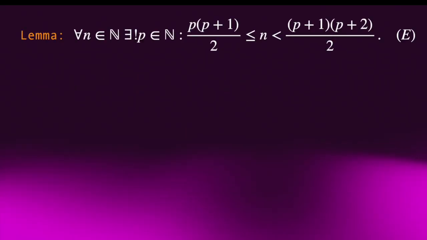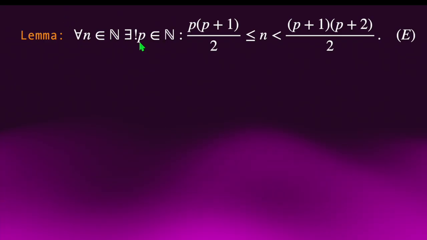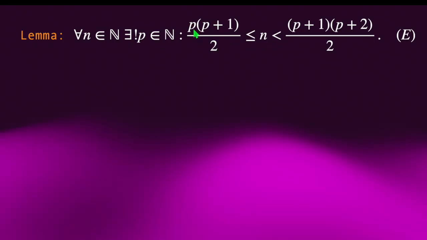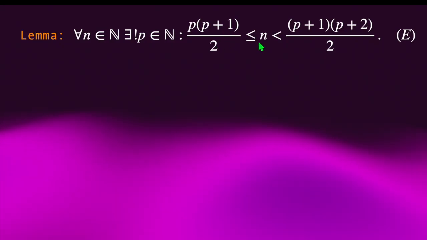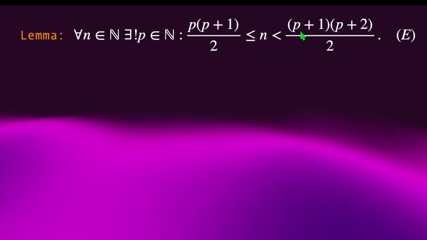This lemma is crucial in the proof, and it says that for any natural number n there exists a unique natural number p such that p(p+1)/2 is less than or equal to n, and n is less than or equal to (p+1)(p+2)/2.